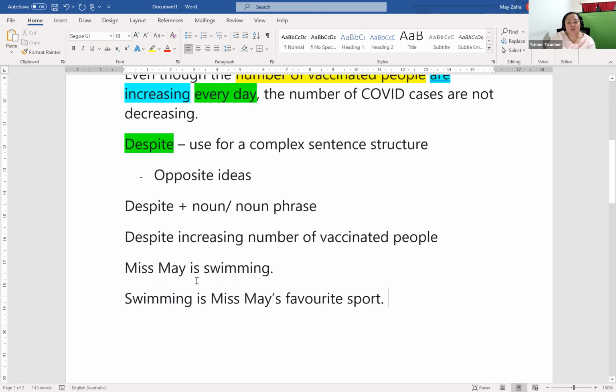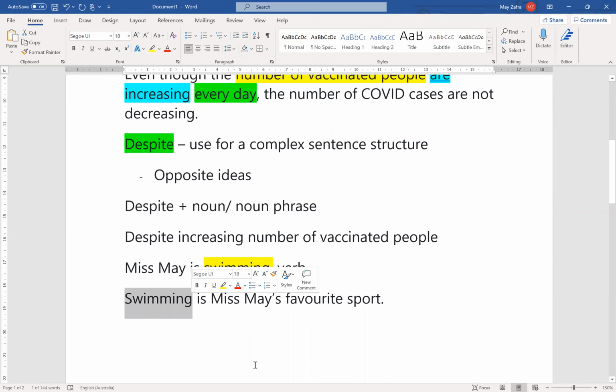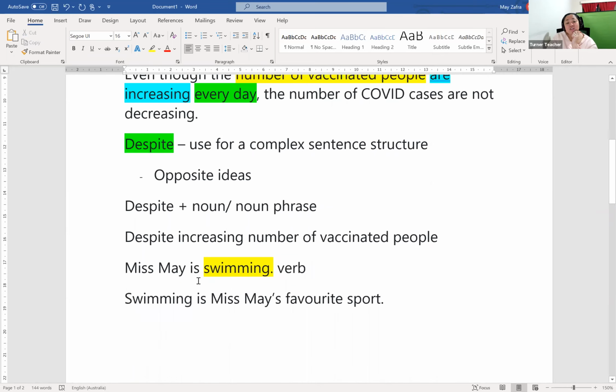What is swimming in the first sentence? It's a verb. Yes. What is swimming in the second sentence? It's a noun. Okay. So the first is swimming as the action, and the second one is swimming as the name of the sport.